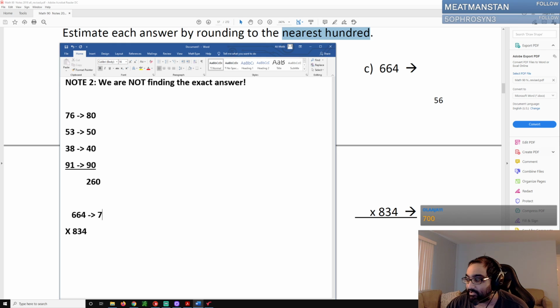Okay, 700 is correct. Right, so we're going to look at that first 6 that's in the 100 spot, and then we underline the 6 that's next to it. So that means that since that's between 5 and 9, we bump up that first 6 to a 7 and change everything else to zeros. Okay. All right, how about 834?